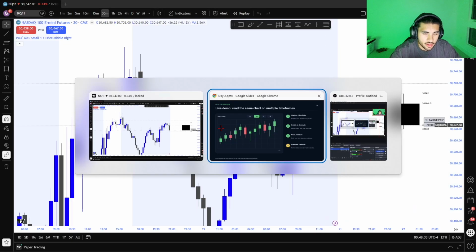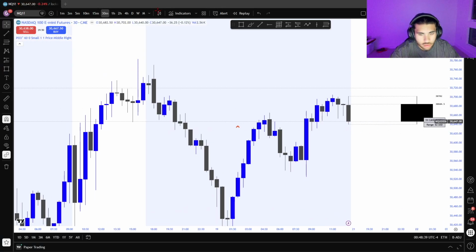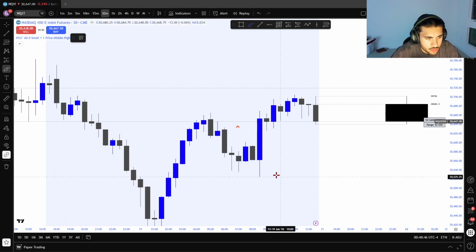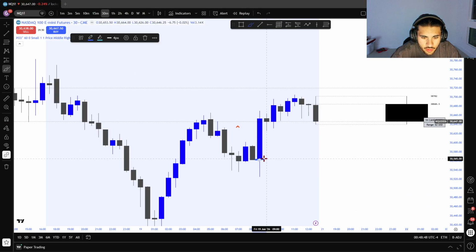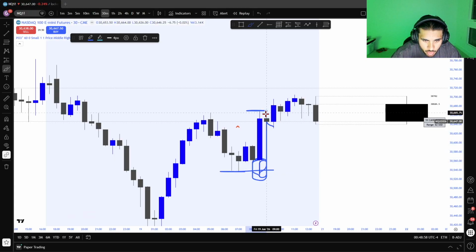And then I was going to show you guys the open, close, all that stuff. Cool, that's pretty easy. Say this 5-minute candle right on the 30. Where do we open? We open right here. Price comes all the way down here. Sellers come, they sweep these lows right here. Buyers come in, buy the market back up. We push all the way up here, and then we close right here, right?